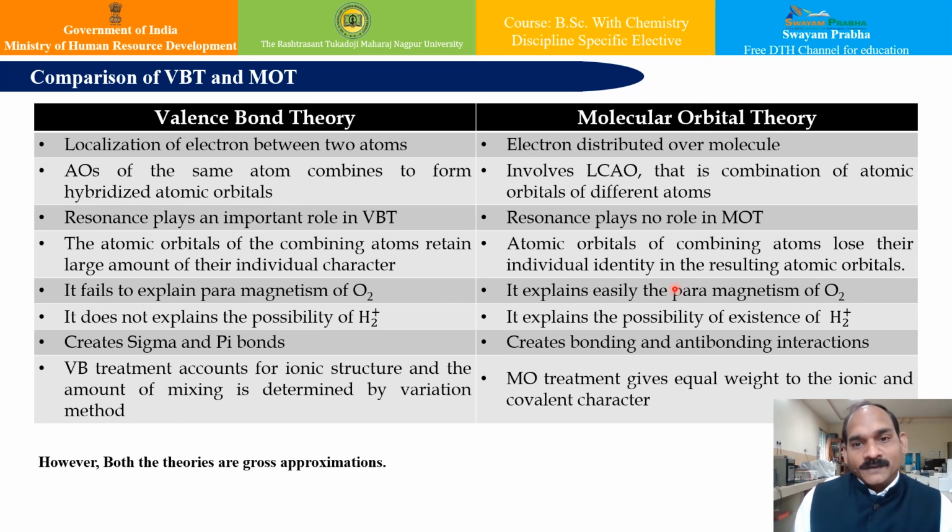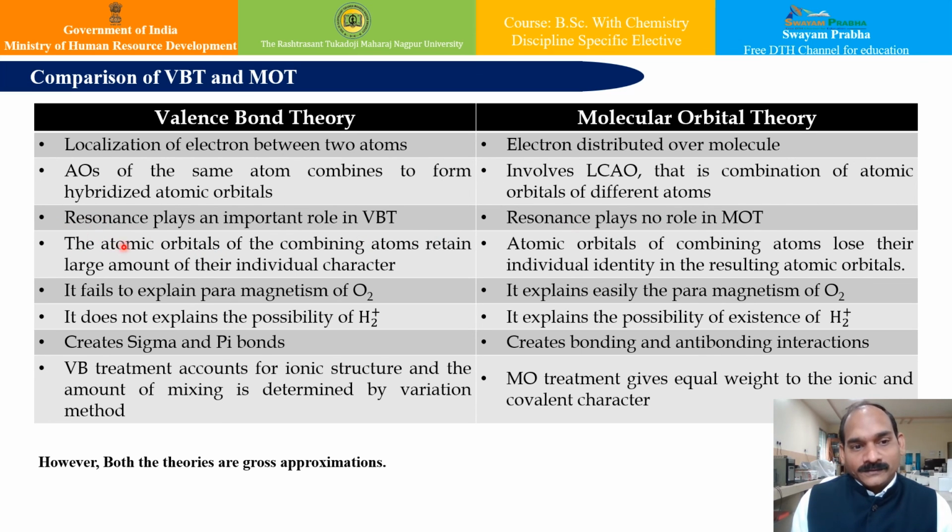So based on these observations, we can compare the valence bond theory and molecular orbital theory. Localization: in valence bond theory, the localization of electrons between the two atoms takes place, whereas in molecular orbital theory, electron distribution over the molecule takes place. In valence bond theory, we say that the atomic orbitals of the same atom combine to form hybridized atomic orbitals, whereas molecular orbital theory involves a linear combination of atomic orbitals, that is the combination of atomic orbitals of different atoms.